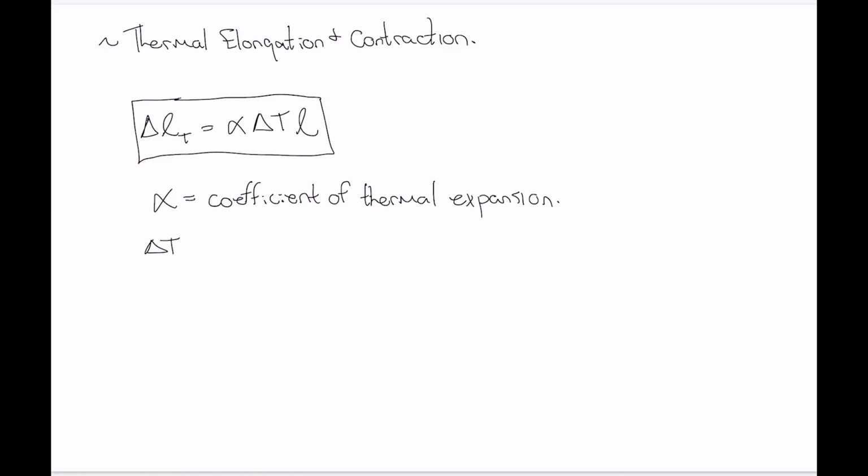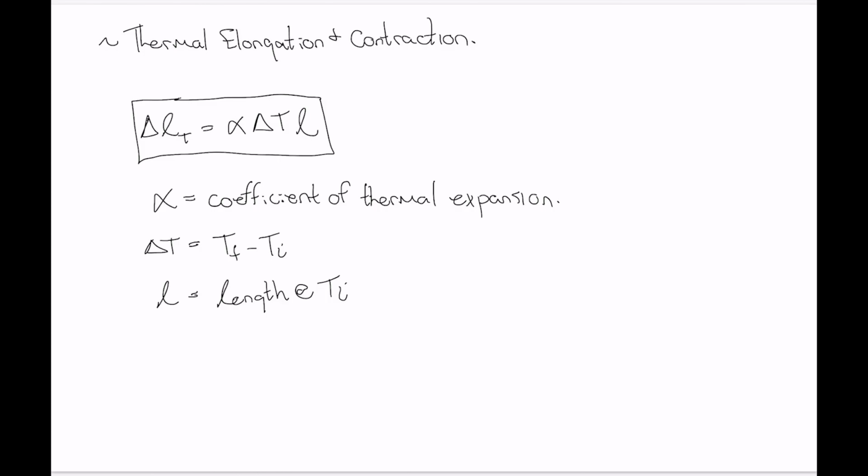Delta T is the change in temperature, so that's the final temperature minus the initial temperature, and L is the length of the object at the initial temperature. So this is length at Ti.